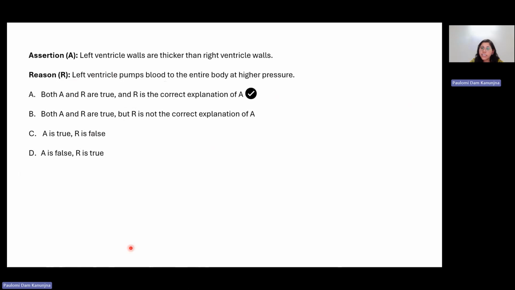Yes, the answer is yes. That's what we have been discussing. Your left ventricle has to pump out the blood to the arteries that take the blood to the entire body. So of course it has to be at higher pressure, and because it is at higher pressure, the walls have to be thicker and elastic.